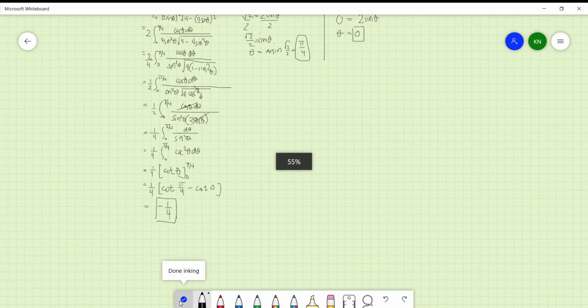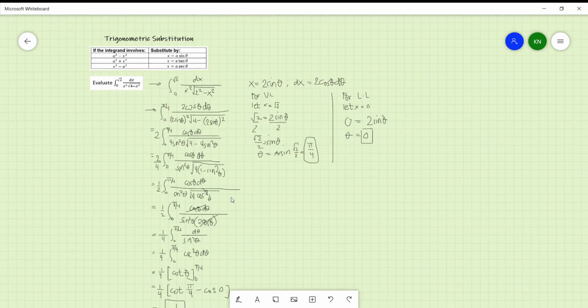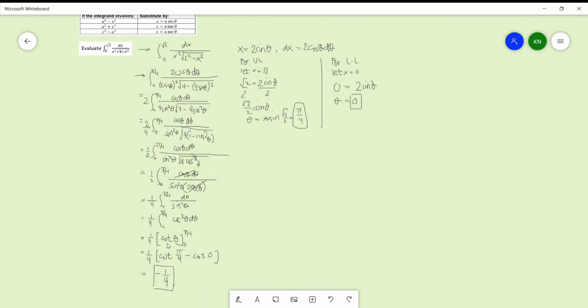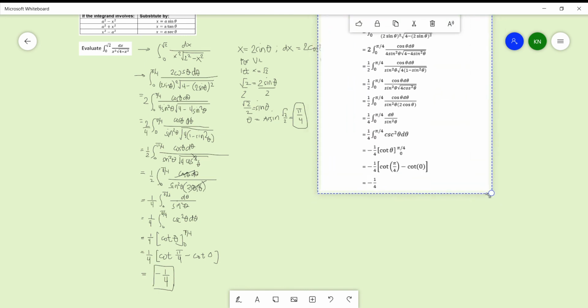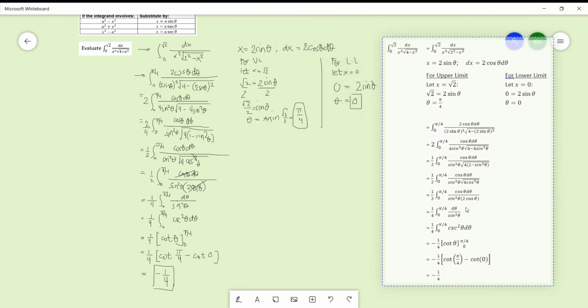So that's it for this example. Since this is a definite integral, your answer should also be a constant number or a constant value. So pasting again our much more visible solution, we have here this one.